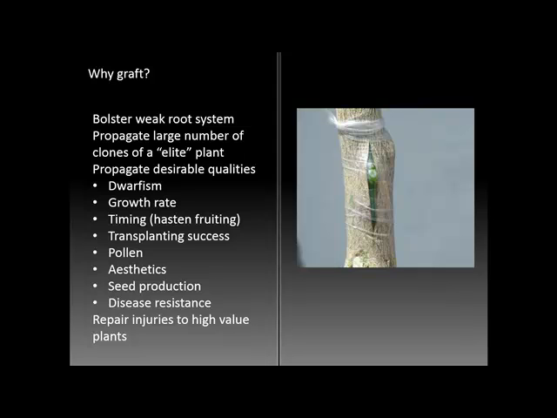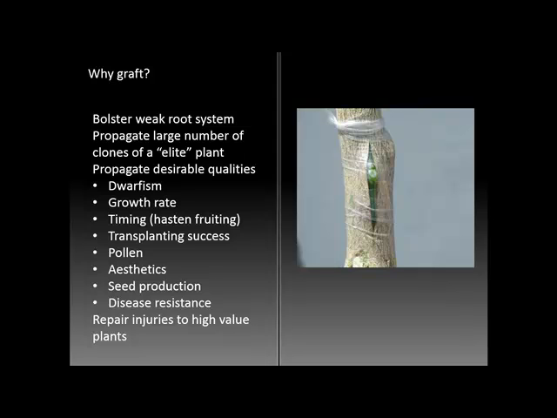And some examples of the desirable qualities that are intended to be propagated are for dwarfism, or the size of the tree, especially fruit trees. The growth rate can be determined through grafting. The timing of fruit production, transplanting success can be increased through grafting.